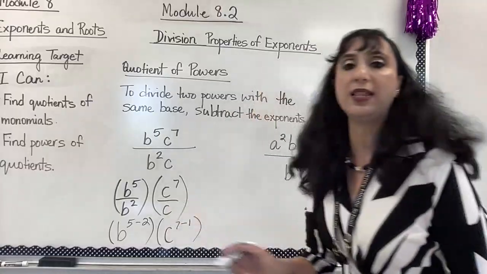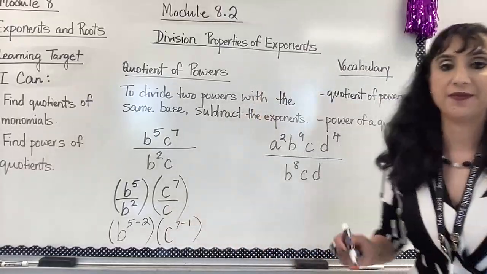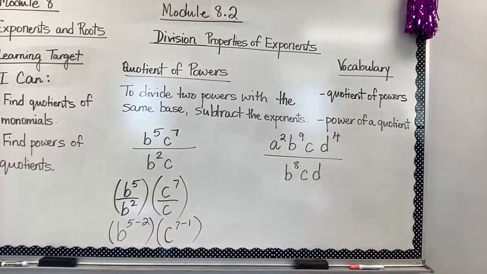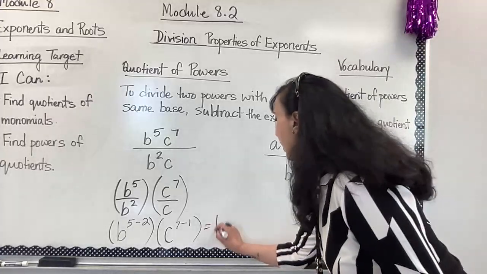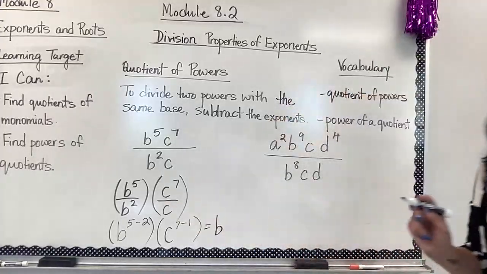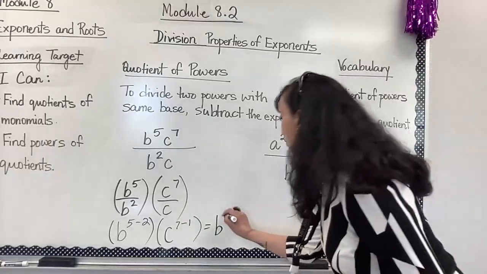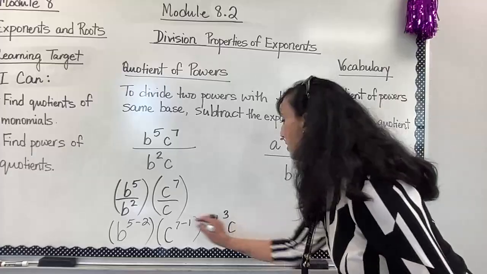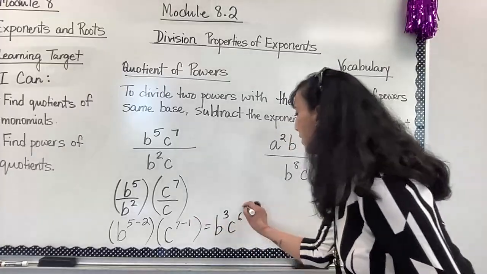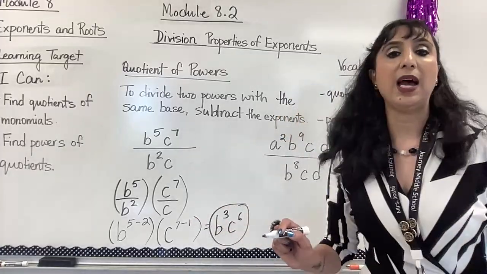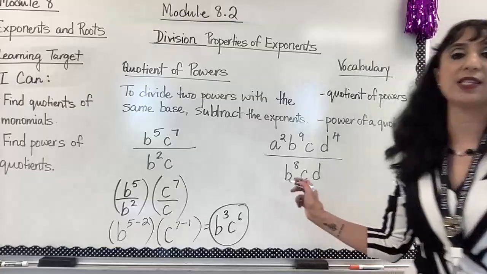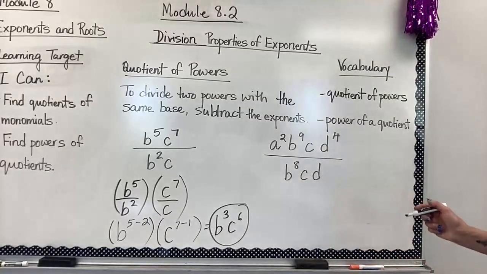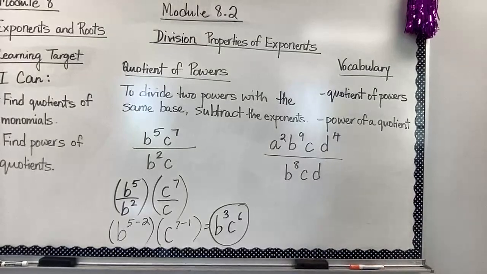If there's nothing written, that means it's to the first power. And now once I have that written out, I'm going to solve it. 5 minus 2 gives me 3, so b cubed, and 7 minus 1 gives me 6, so c to the 6th power. So b cubed times c to the 6th power. This is my simplified version of this problem.